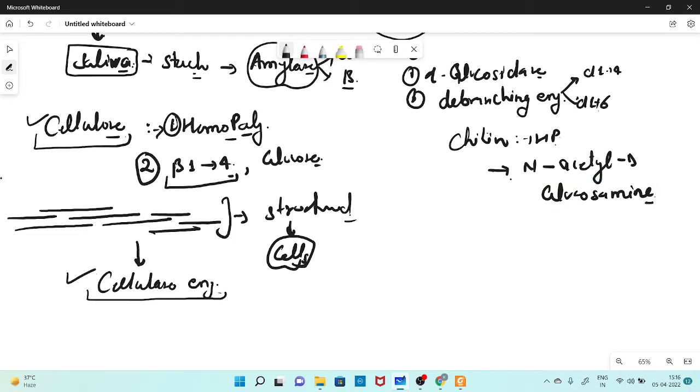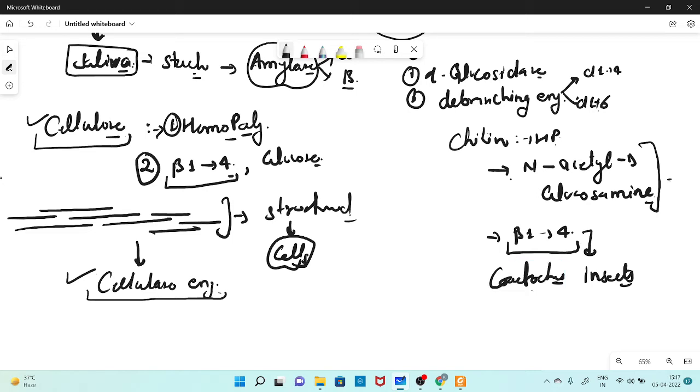This is the single sugar unit which makes the polysaccharide structure, and it has a linkage again of beta 1,4. So due to this linkage, they also participate in the structural function, right? It is present in insects, for example in the outer covering of cockroaches or beetles. Their covering has chitin on it. So these are the homopolymers.